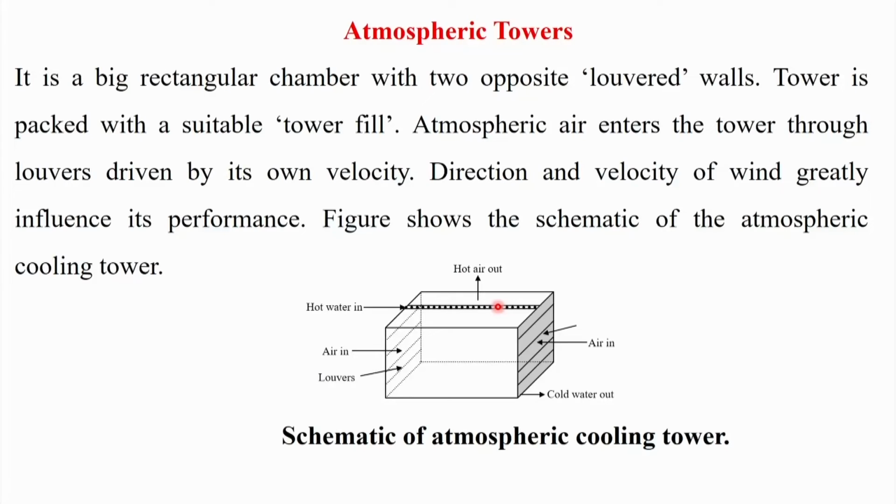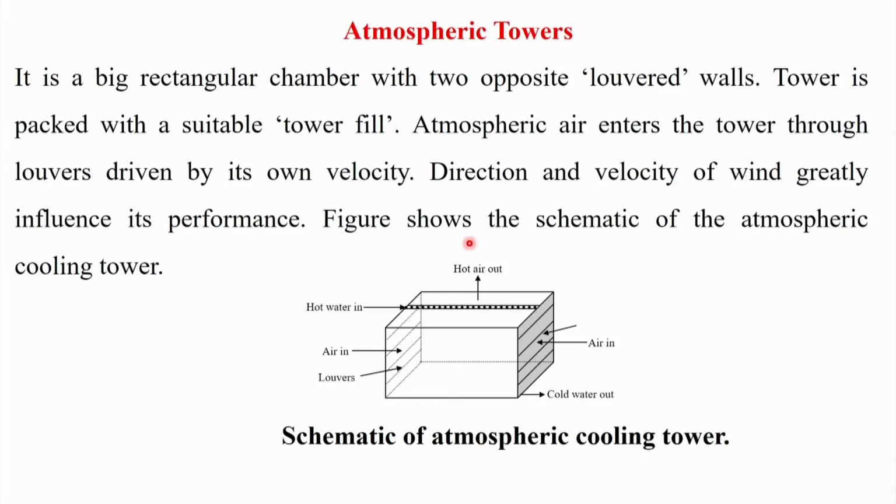Suppose air at ambient temperature, or dry bulb temperature Tw, is entering through here, and the hot air will go out with an excess amount of water vapor.